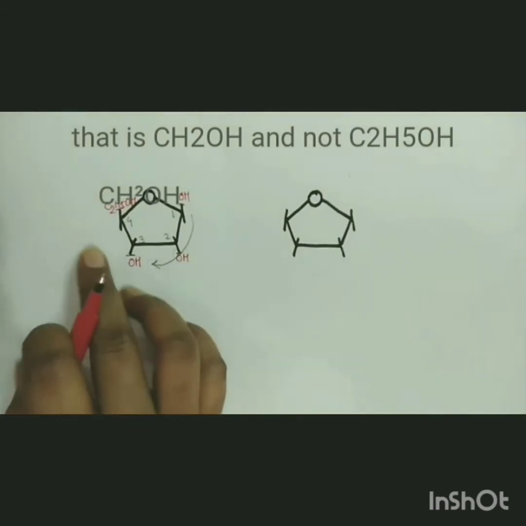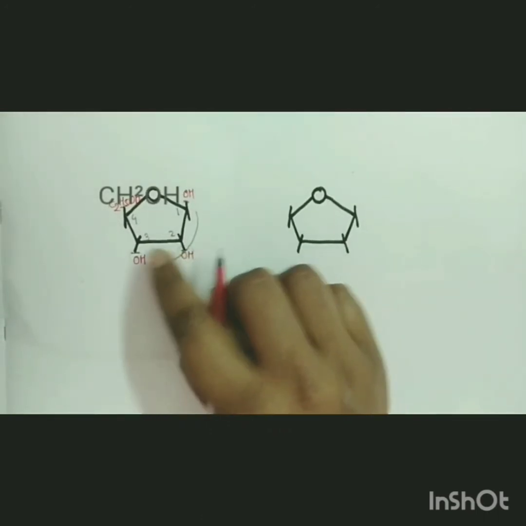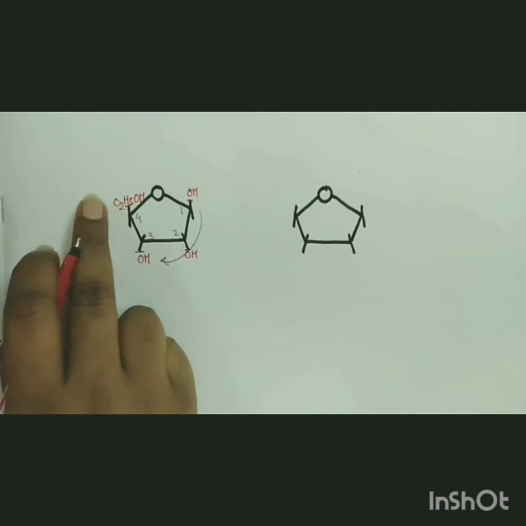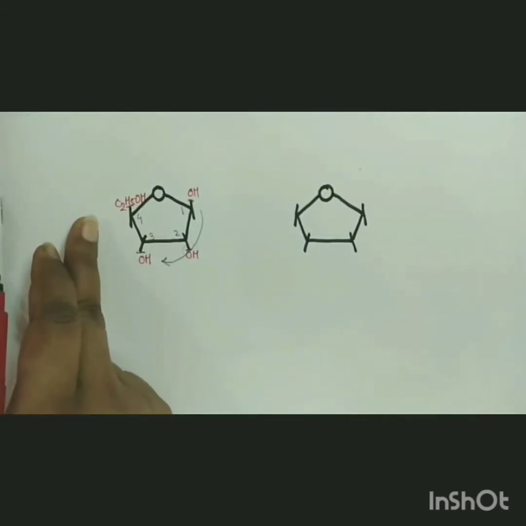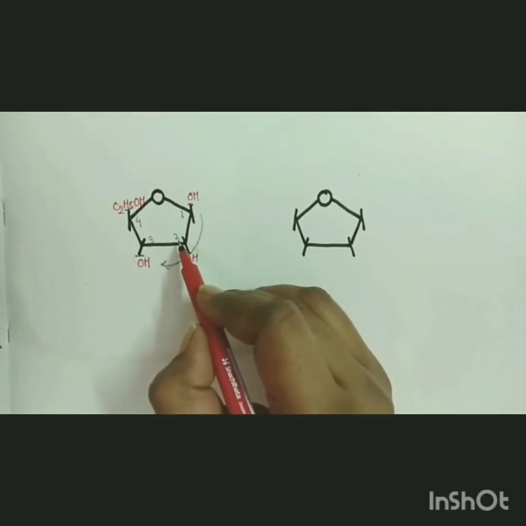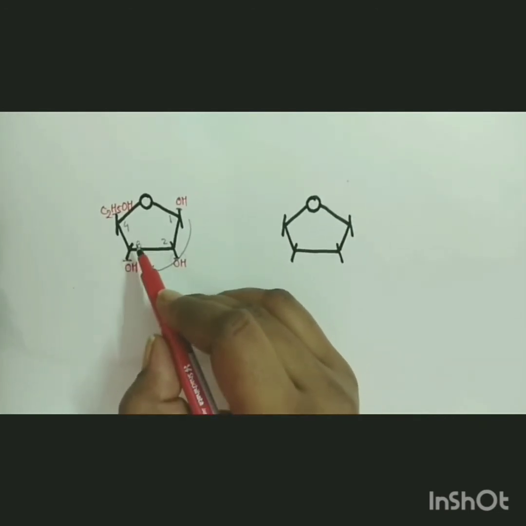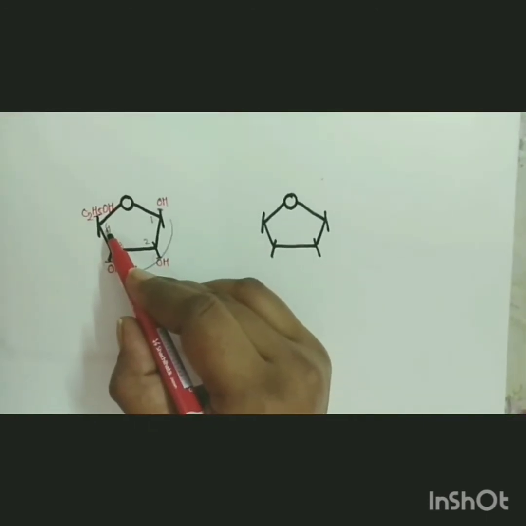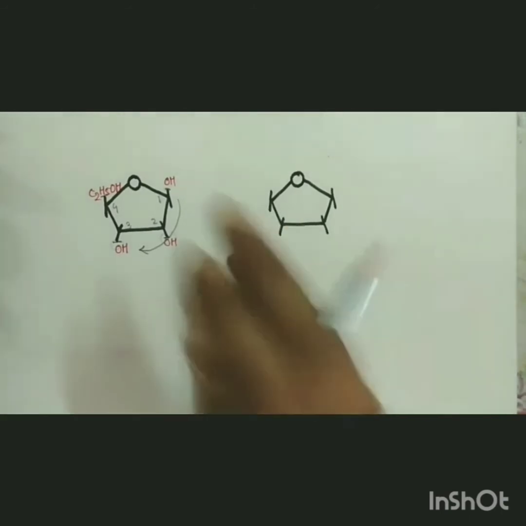Now see, the first OH is attached to the top of the hands and the other two OH groups are attached to the bottom of the legs. And the primary alcohol, which is CH2OH, is attached again to the top of the hand. So always remember: 3 OH groups attached to the first, second and third carbon of the pentose sugar and CH2OH attached to the fourth carbon of the sugar at the top of the hands and bottom of the legs.